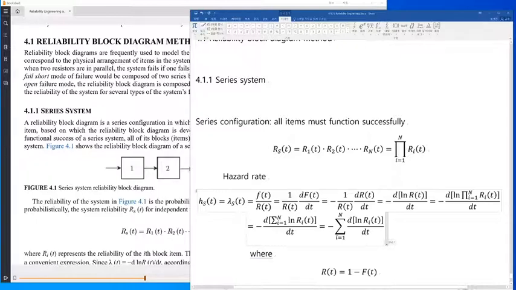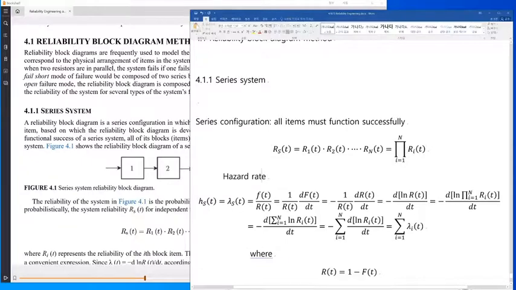So that will be the same as the sum of all lambda_i(t). If lambda indicates the hazard rate, or we may write h_i(t) if the hazard rate of an individual component is denoted as h_i. In this case, we use lambda_i to indicate hazard rate.